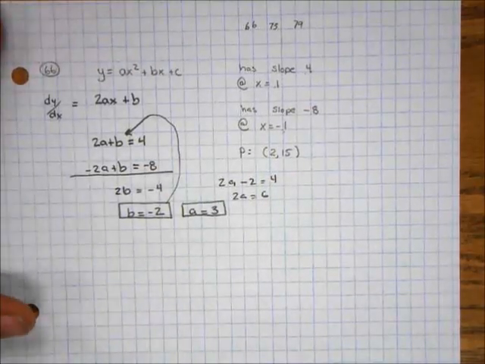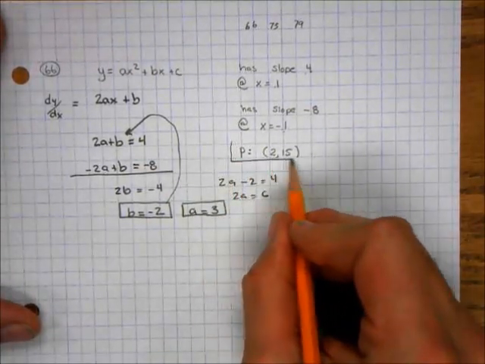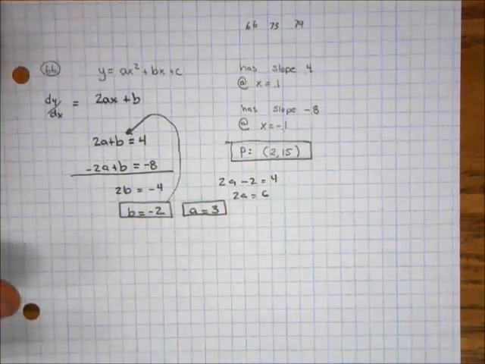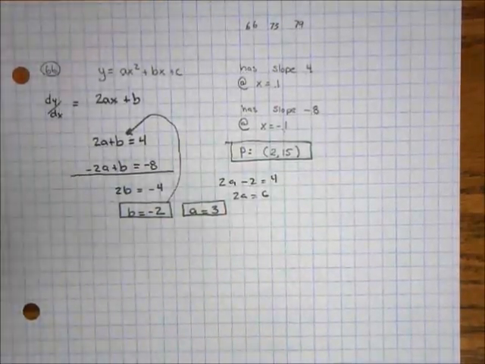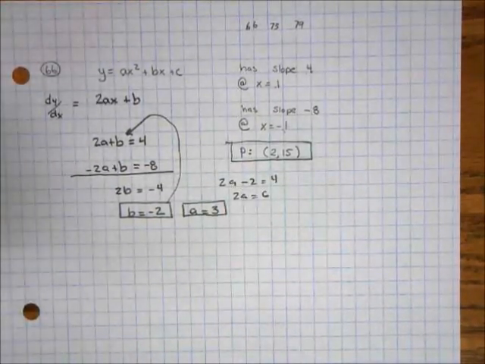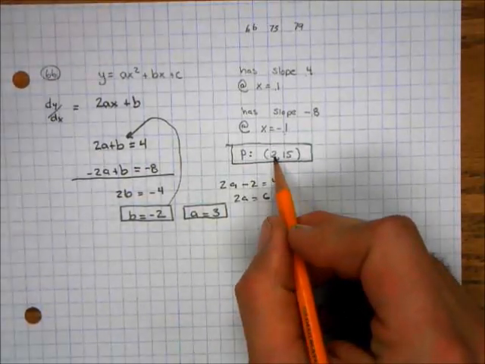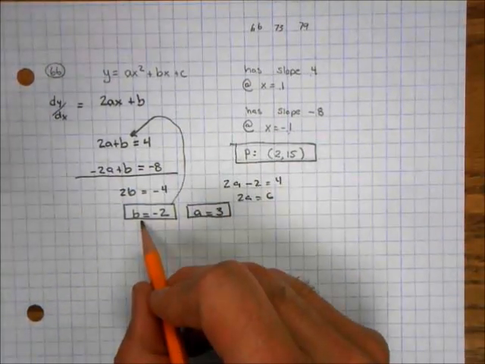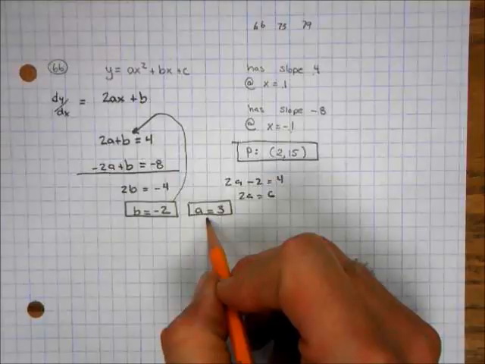Alright, so now the last clue. It passes through the point (2, 15). That is algebra, where we just substitute the y in, and we substitute the x in, and we substitute the b in, and we substitute the a in, and the only thing left is c.